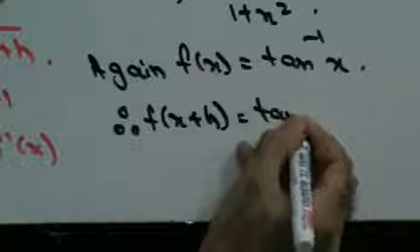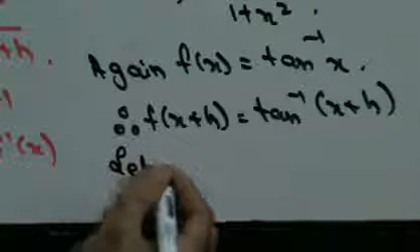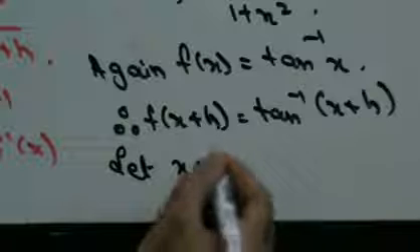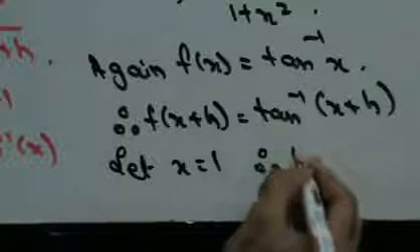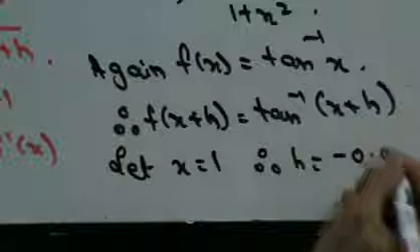Therefore I can say f of x plus h is nothing but tan inverse of x plus h. Right? Now take a value close to 0.99 whose tan inverse you know well. So I can say let x be equal to 1. Therefore I can say h will be equal to negative 0.01. Once you have this, you can use your formula. You can say that f of x plus h is approximately equal to f of x plus h times f bar of x.